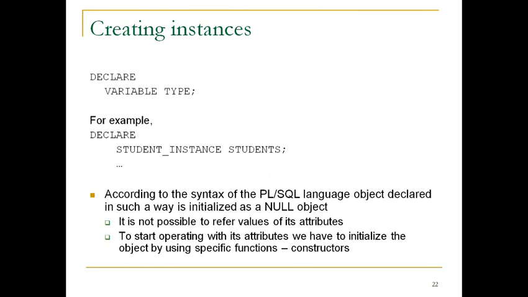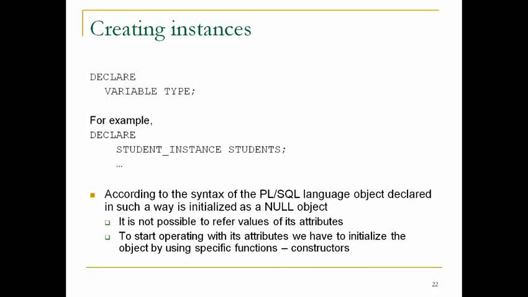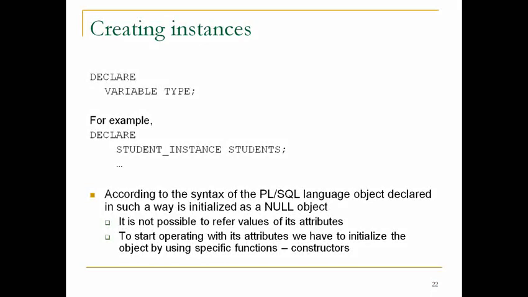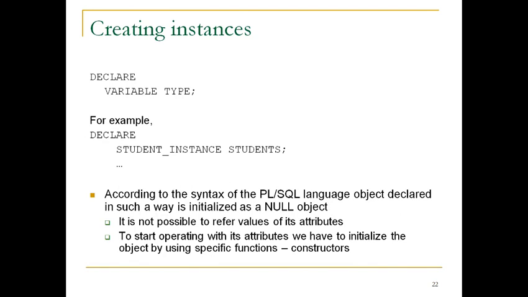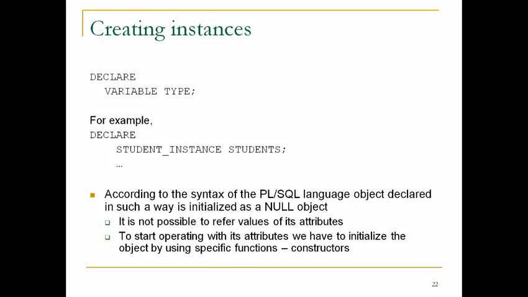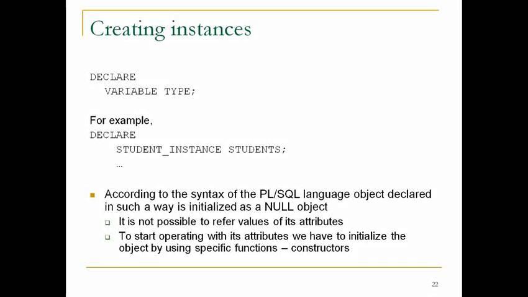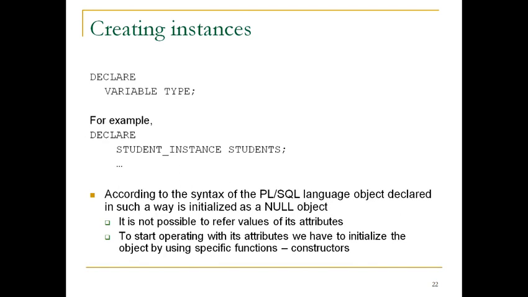So far we have created an object type. How can we create an instance? We have to do it in some declare part of some anonymous block, another function, another procedure, and so on. We can declare a variable of the type, and then, for example, we can say student_instance is of type student. But if we just define a variable of this type, then there will be one problem.